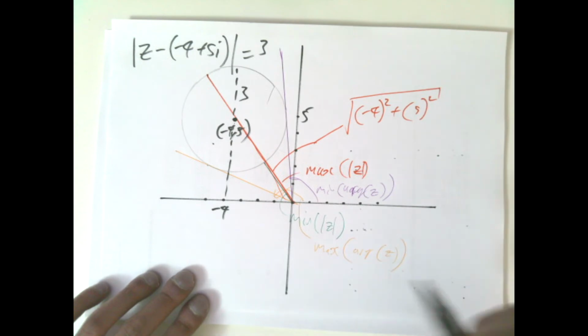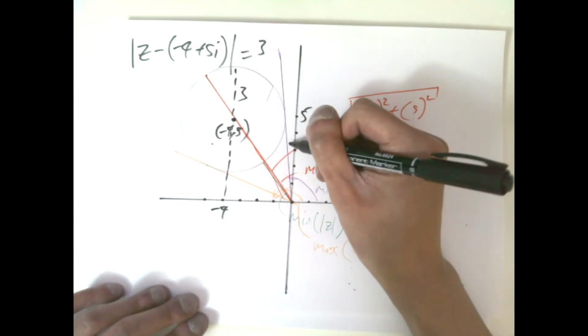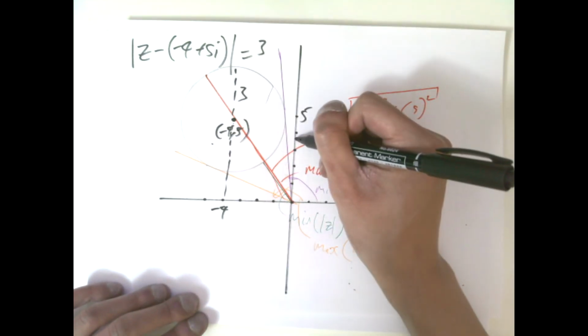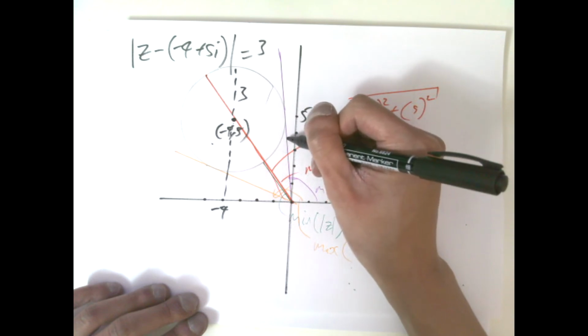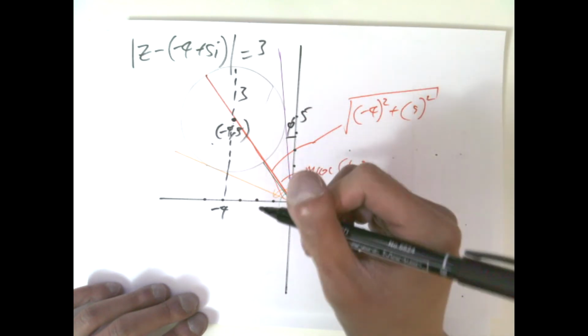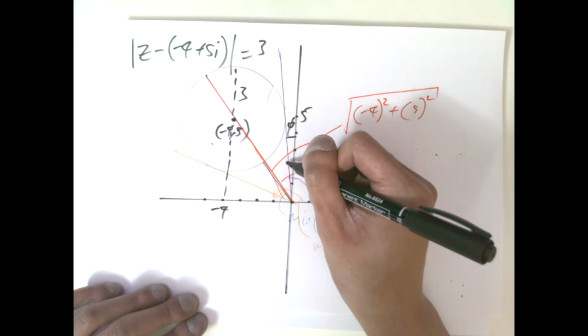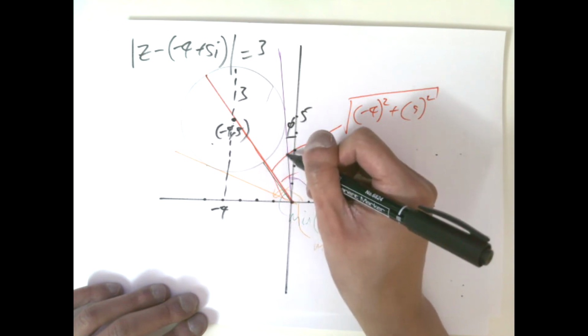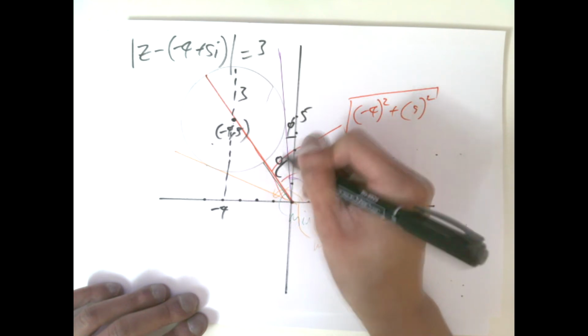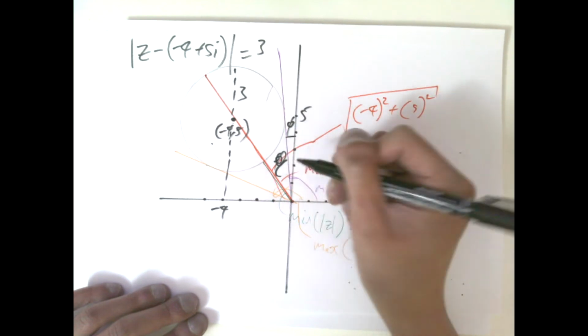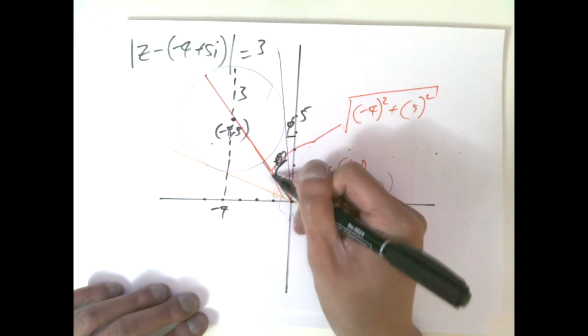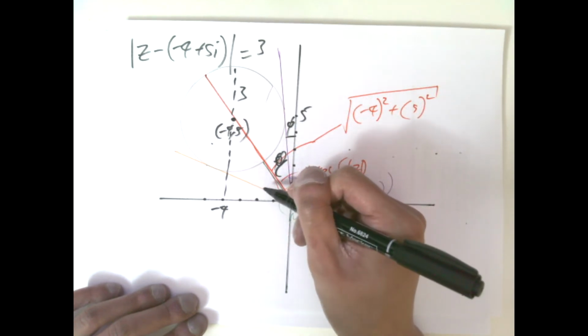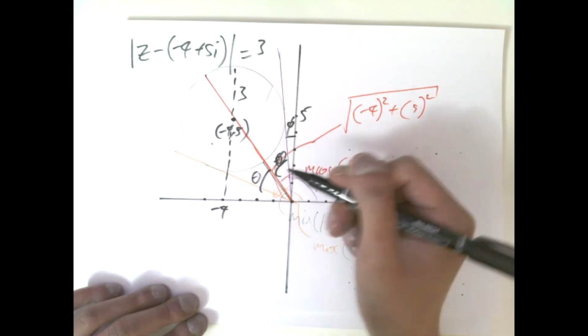Solely from the picture, if we were to label this angle from the imaginary axis to the purple line to be phi, and we label the angle from the purple line to the red line to be theta, and we also label the red line to the orange line as theta.